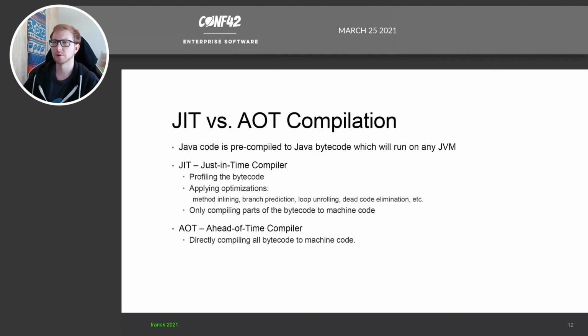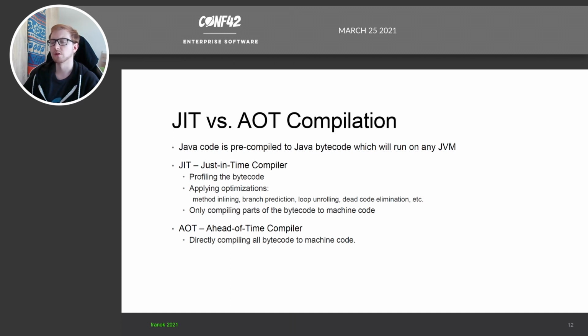Next, it's about JIT versus AOT compilation. So, as you might know, Java code is precompiled to Java bytecode, which will then be run on any JVM. The JIT compiler, just-in-time compiler, is first doing some profiling on the bytecode, and then it will apply optimizations like method inlining, branch prediction, loop unrolling, dead code elimination, and many more.